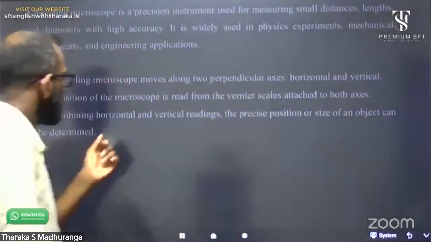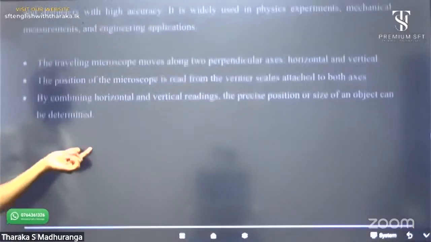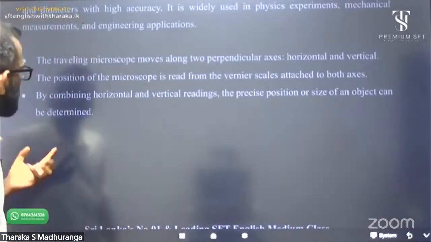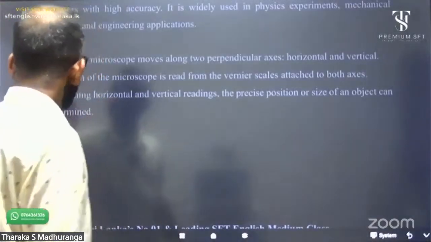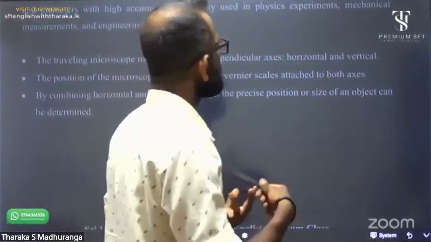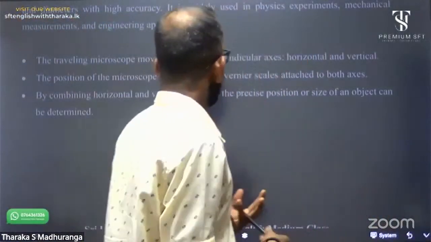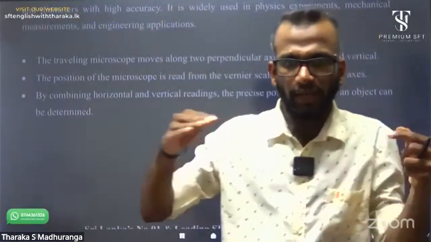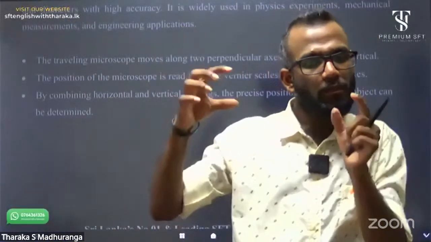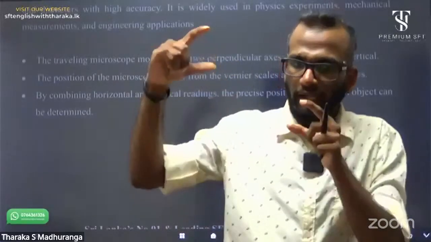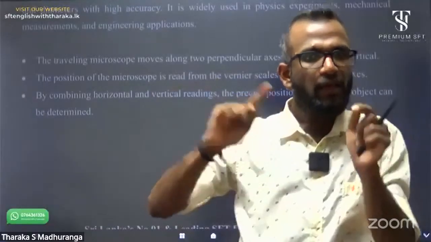Good. By combining what we discussed, the position of the microscope is read from the vernier scale attached to both axes. Horizontal axis and vertical axis both contain vernier scales.